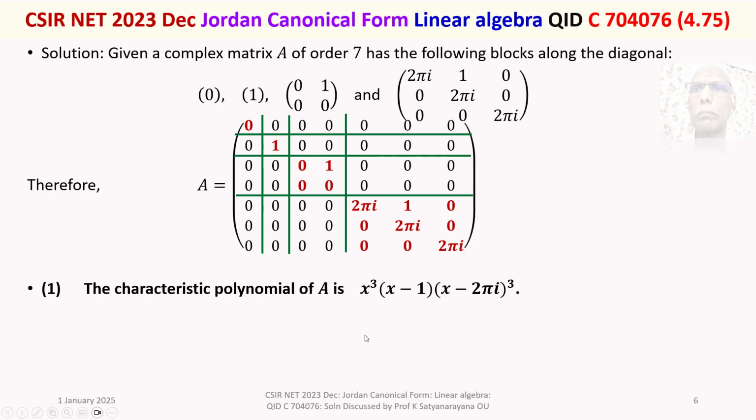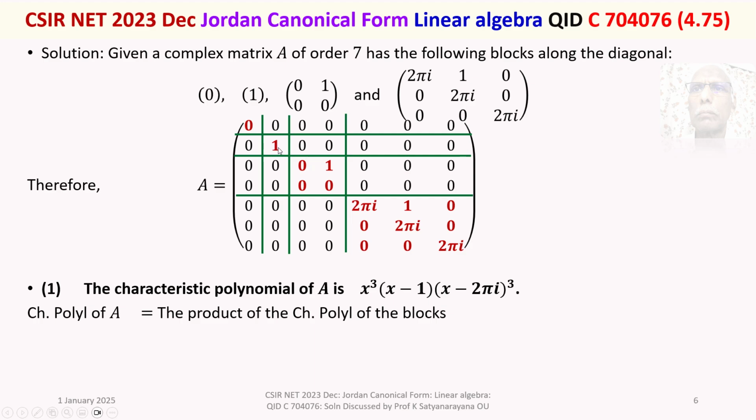The characteristic polynomial of A is the product of the characteristic polynomials of the blocks. For the block 0, the characteristic polynomial is x minus 0, that is x.